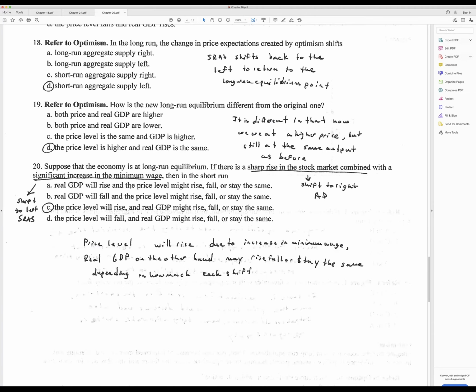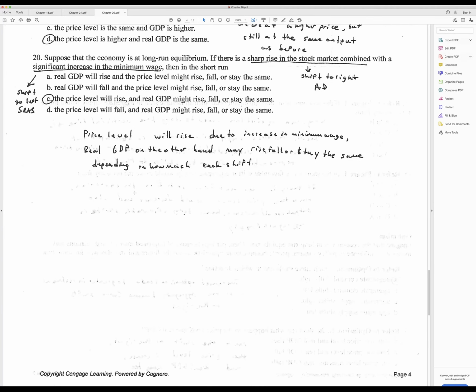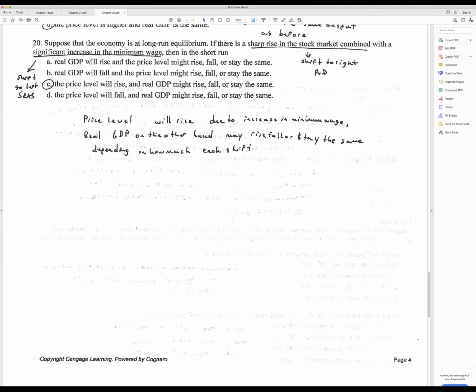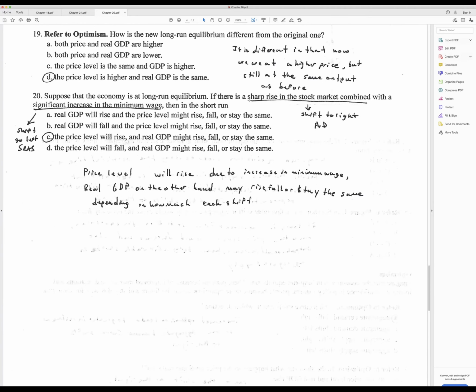And then I'll just do this one here real quick. Suppose that the economy is at long run equilibrium. If there is a sharp rise in the stock market combined with a significant increase in the minimum wage, in the short run, what will happen? So if there's a sharp rise in the stock market, then that means that aggregate demand is going to shift to the right.